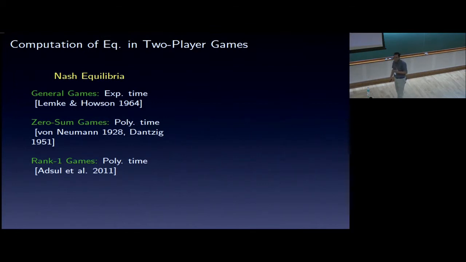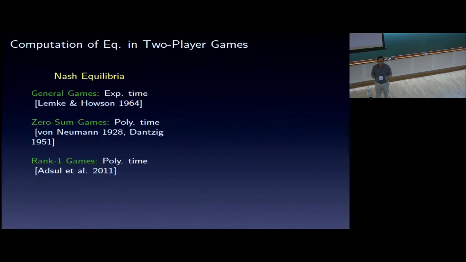There are special classes of games though where much better results can be obtained. In particular, there are special structured classes of games where polynomial time algorithms exist for finding exact Nash equilibria. The most popular class is the so-called zero-sum games. These games model strict competition. These are games where the sum of the two payoff matrices is all zeros.